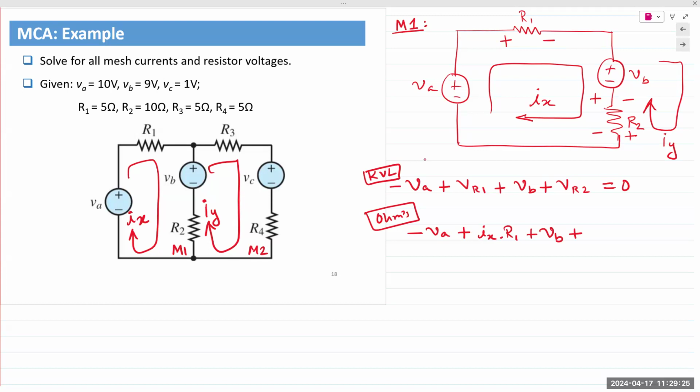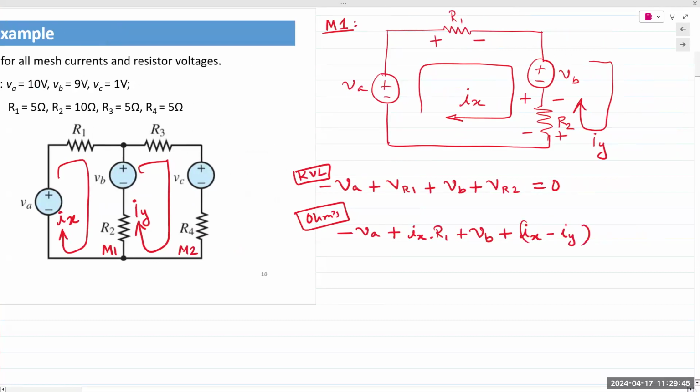You have IX and IY. Since I chose clockwise for both, in mesh 1, IX is positive and IY is negative. And so I can write IX minus IY times R2 equals 0.